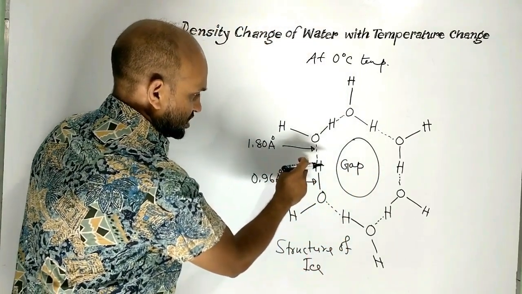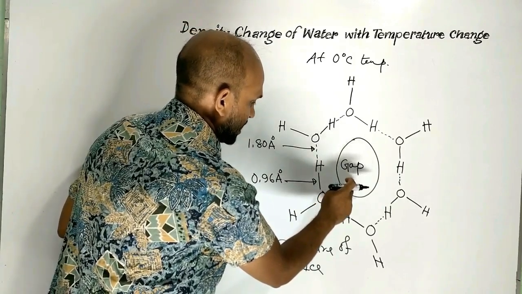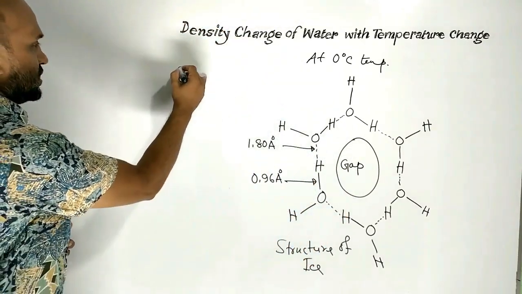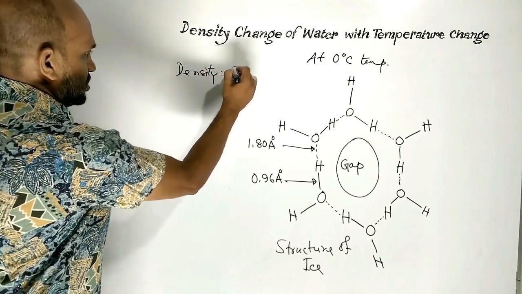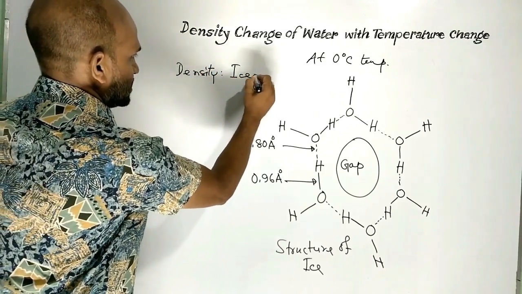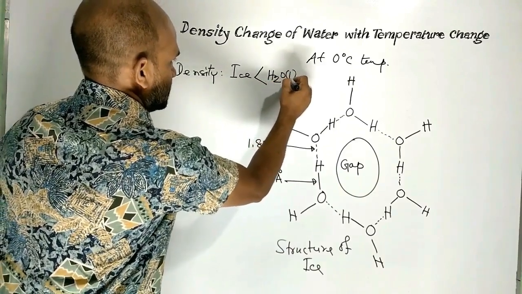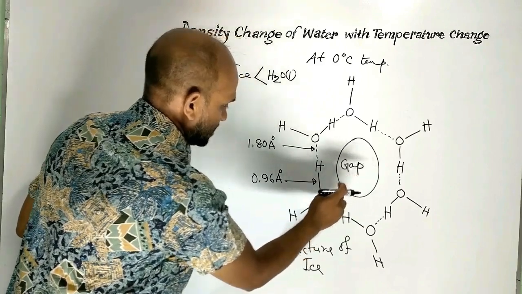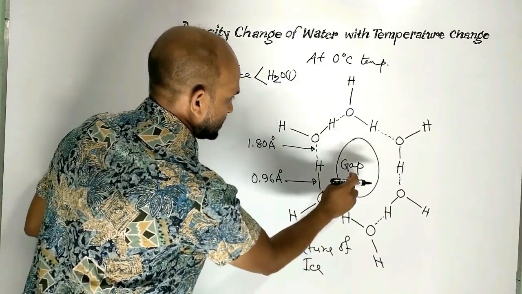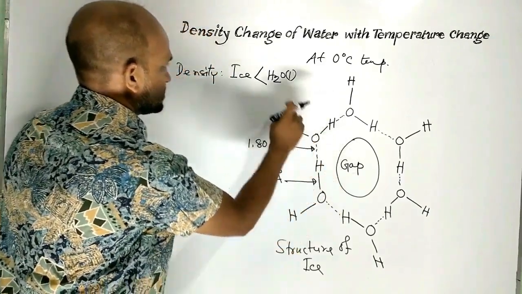in the crystal structure of ice. Due to this big gap, density of ice is less than water.